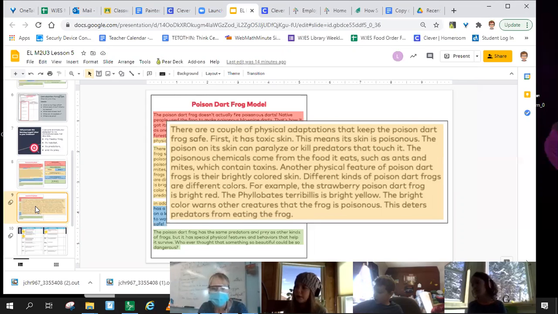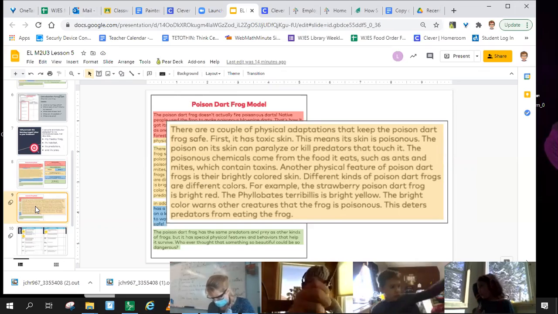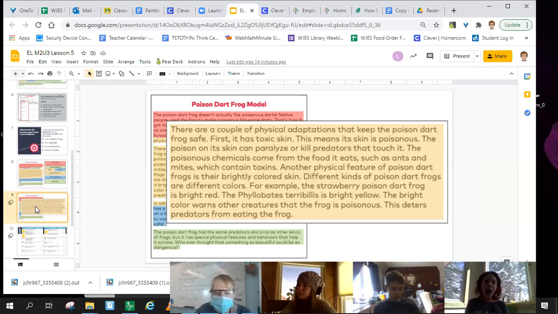Couple means two, right? So if I wrote three, I'd have to write few. There are a few physical adaptations that keep the poison dart frog safe. So at the minimum, how many is Mrs. Harrison going to ask you for? At least two. Could you have more? Yes, but you need at least two. How many did Mrs. Harrison fill out on page 121? Two. So you need at least two.